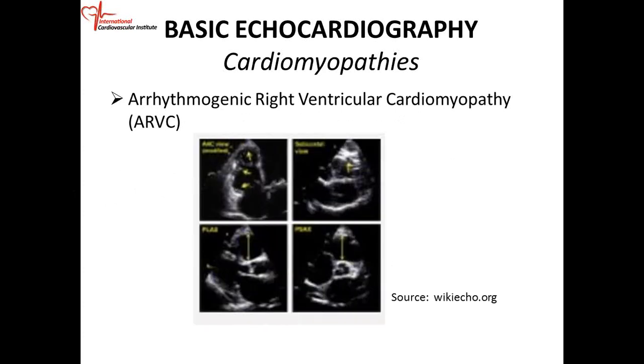So when you do your echo and your measurements, remember, we always have to do your RV measurement. Your RV measurements are going to be enlarged. And when you look at your RV wall, you're going to get this white appearance of the RV wall, which is fat.